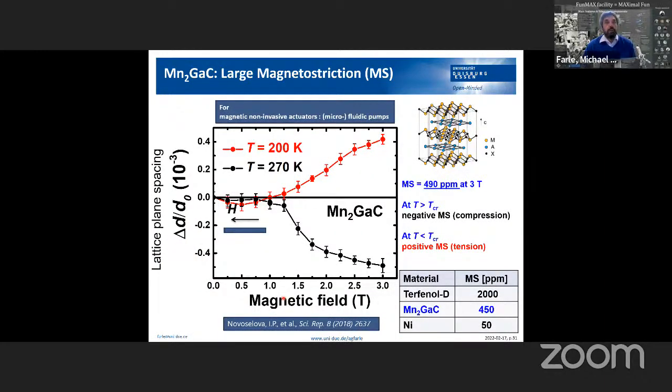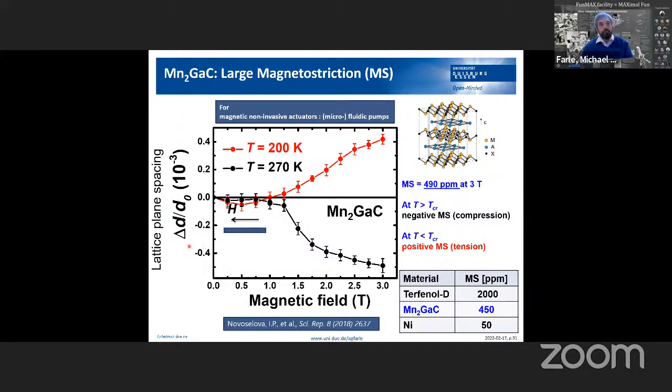Now, let's go to the magnetostrictive effect. So now we have a system with manganese 2, gallium, carbon, and this shows a large magnetostriction. So you see here we have 2M, so 2 manganese layers, a gallium, and the carbon always in between.